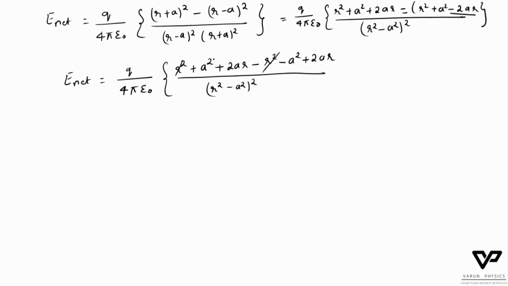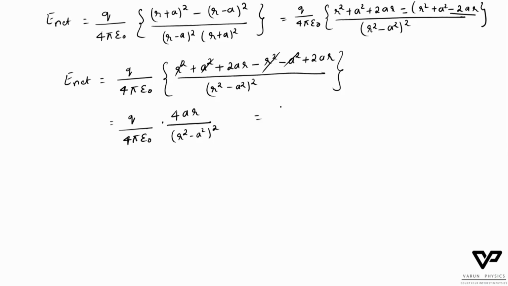R square cancels, A square also cancels. Minus into plus, it is plus. Therefore, Q by 4 pi epsilon naught times 4 times AR divided by (R square minus A square) whole square. Please do not strike off the 4.